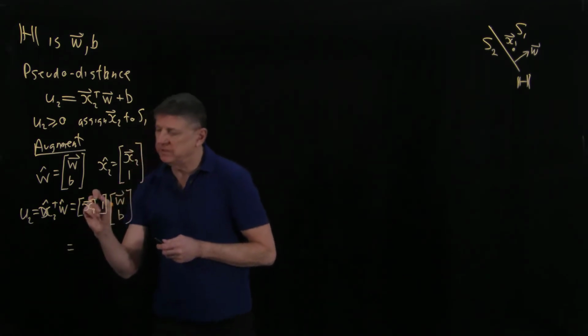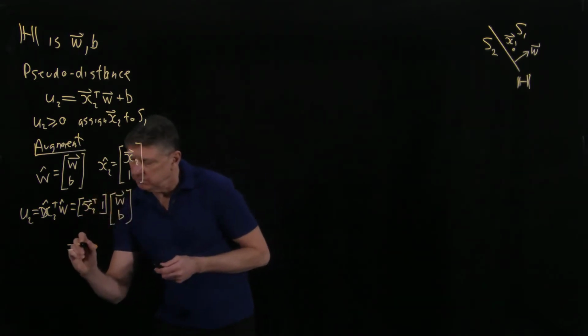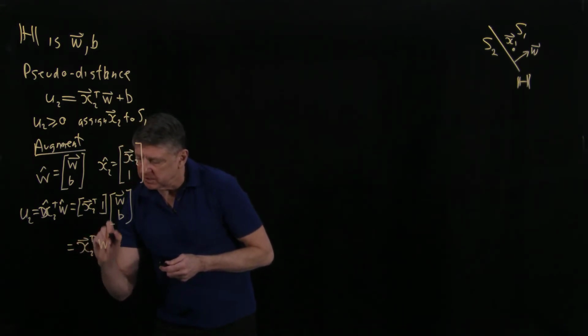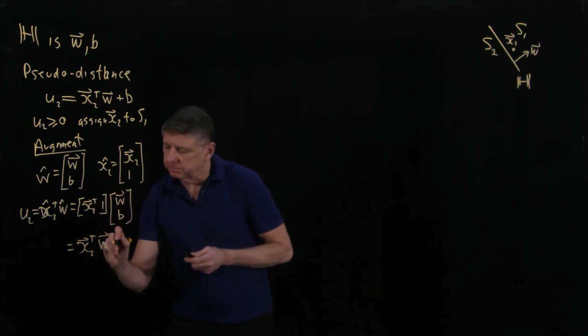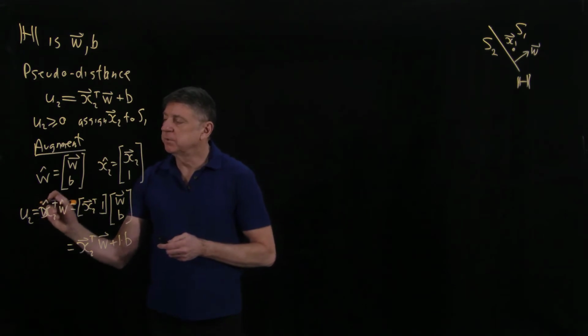When we compute that, this is xi transpose times the w vector, plus 1 times the bias scalar. And so we can compute this.